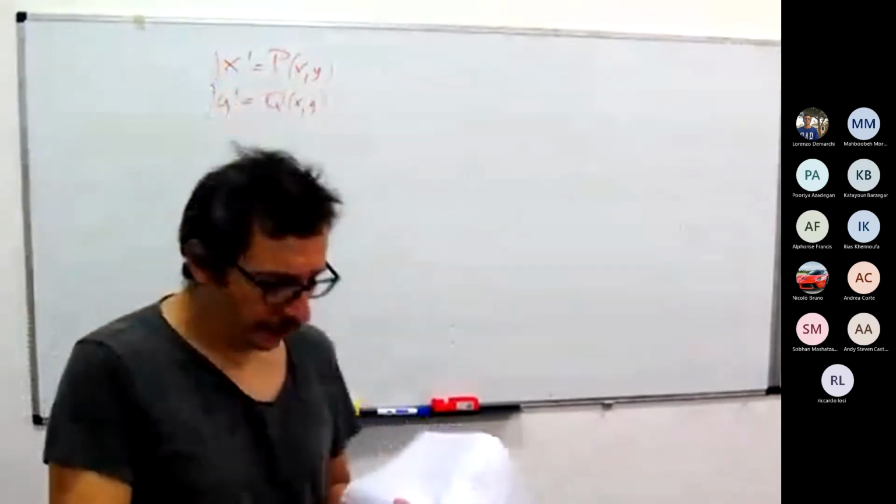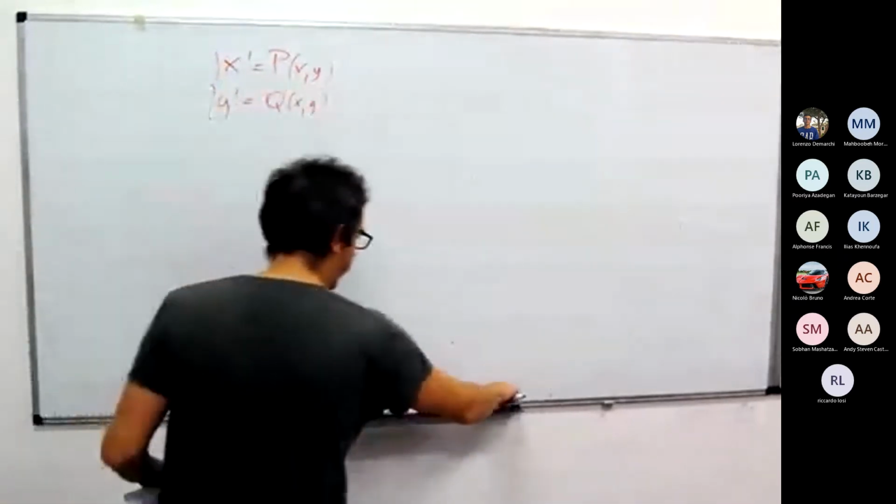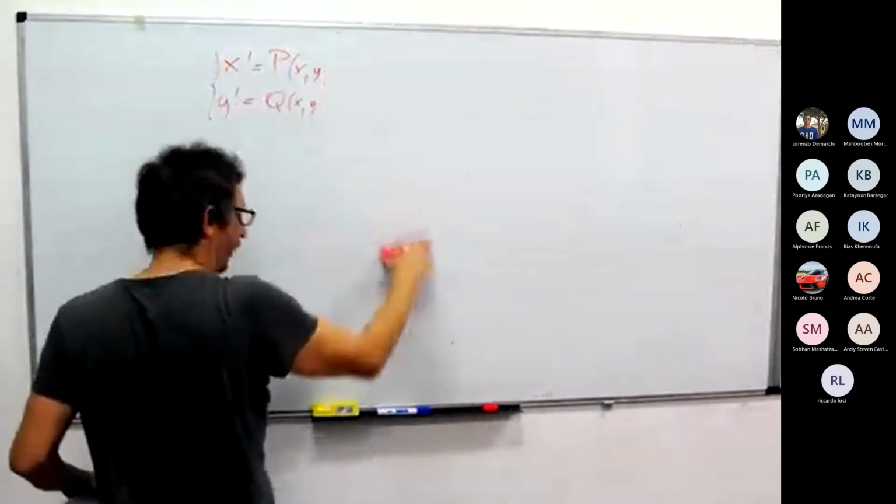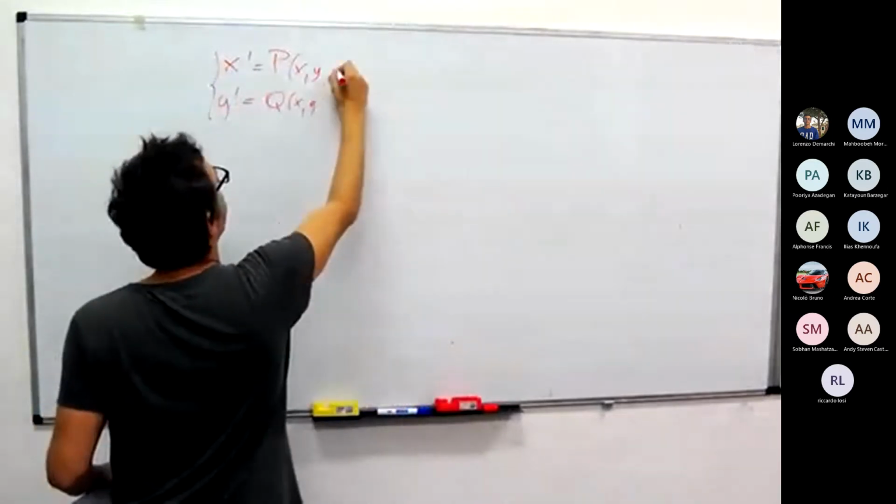What I want to do now instead is to see what happens if I include another parameter, mu.